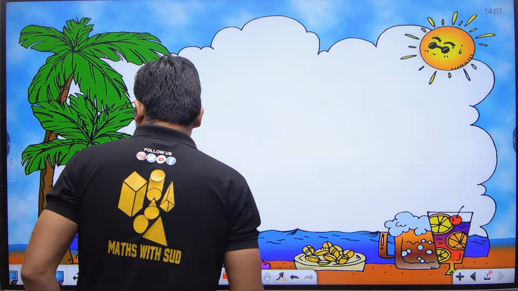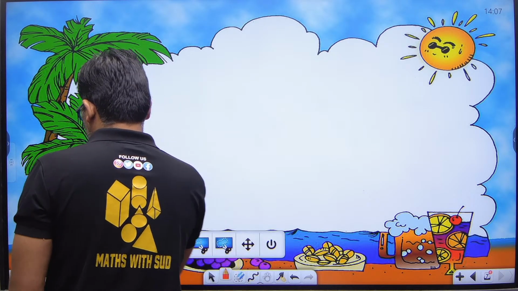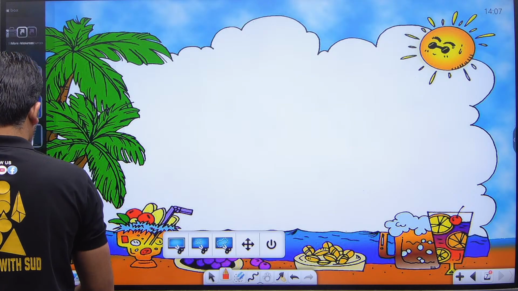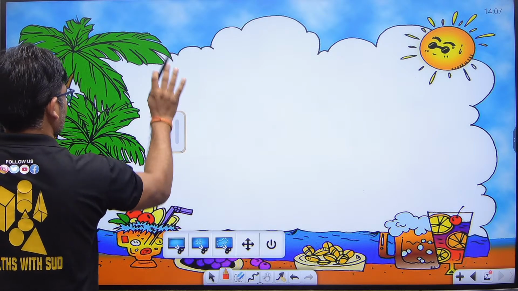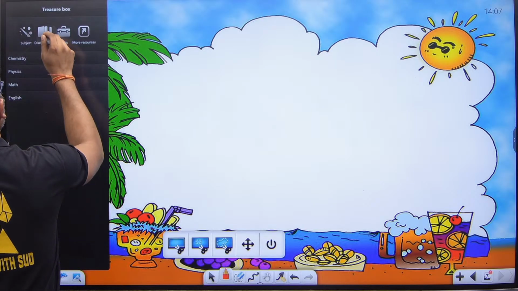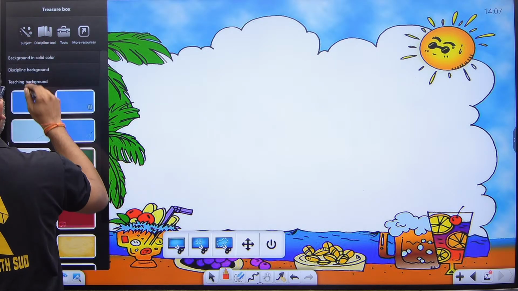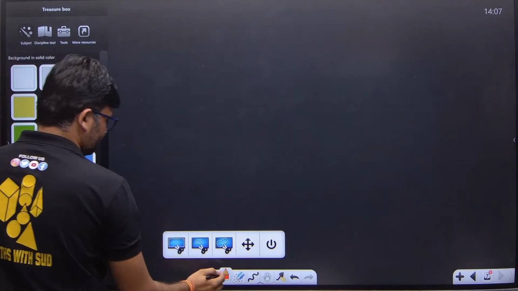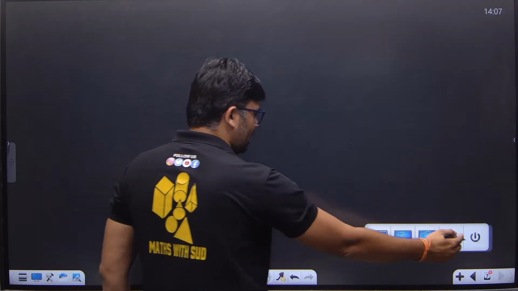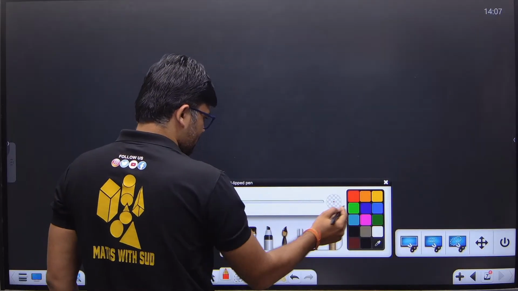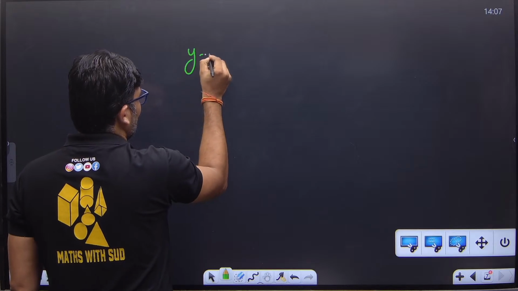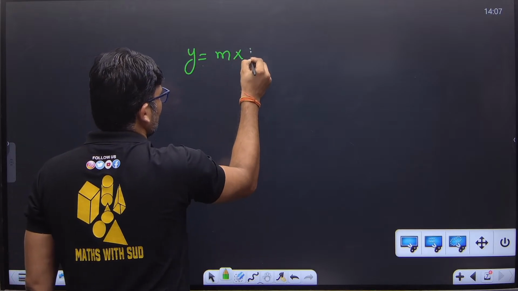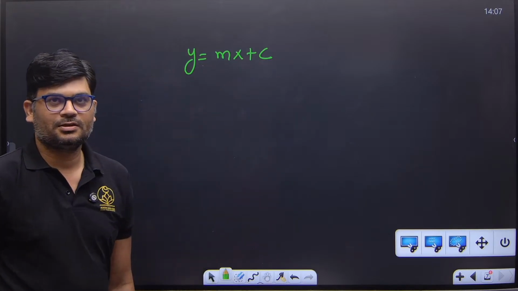Okay, so we are going to start today again the straight line part. Till now, whatever we have learned is the graph, how to draw the graph of y is equal to mx plus c.